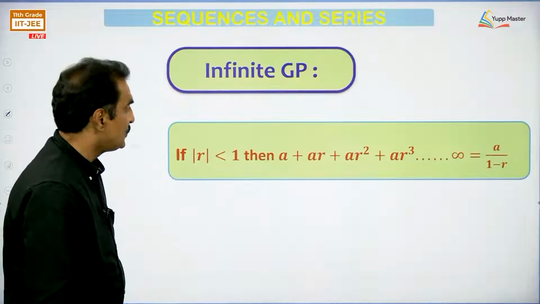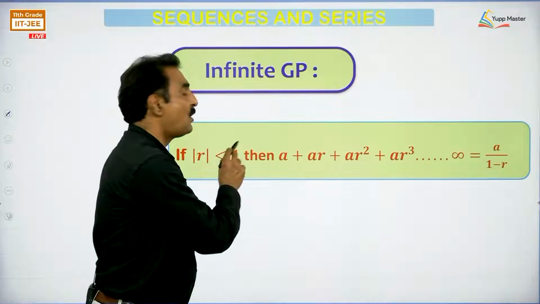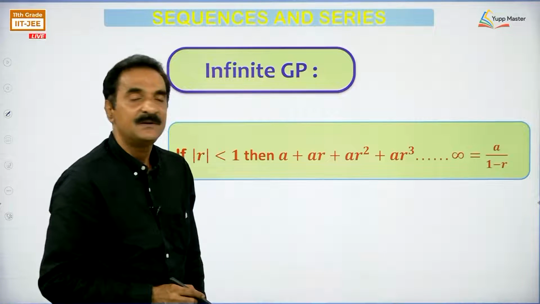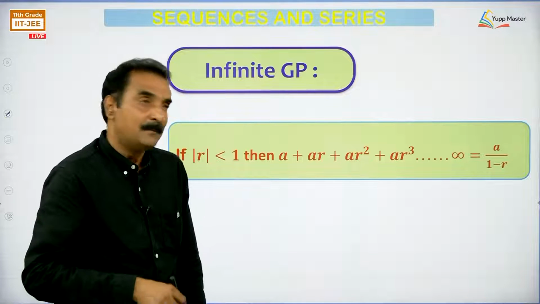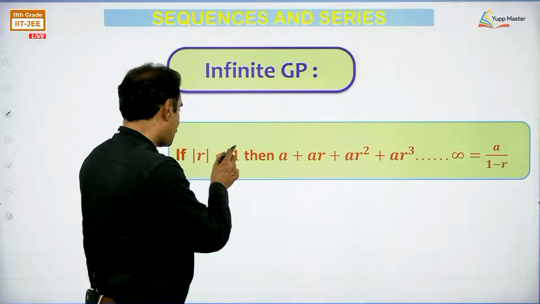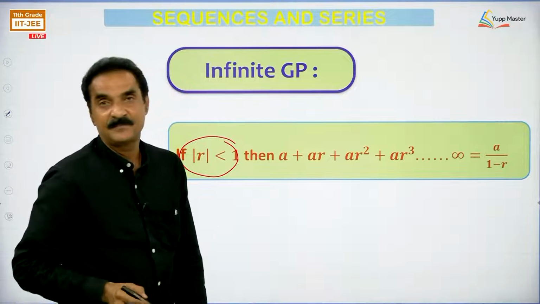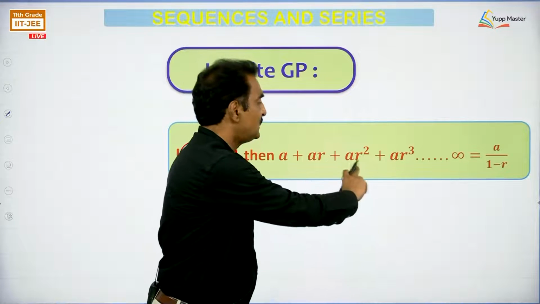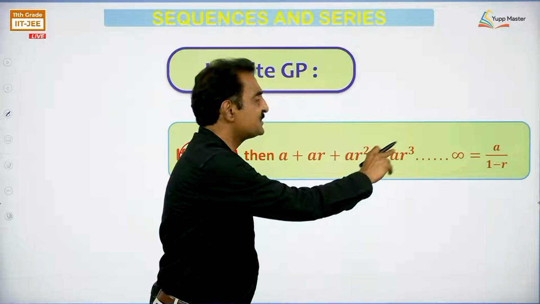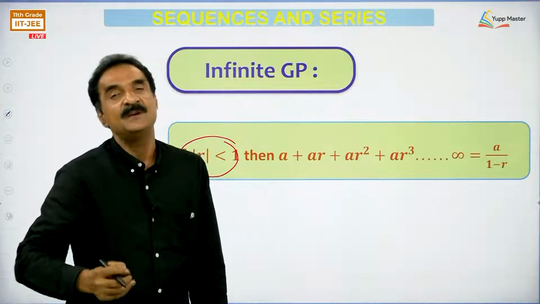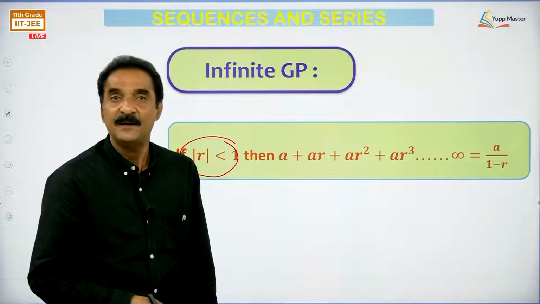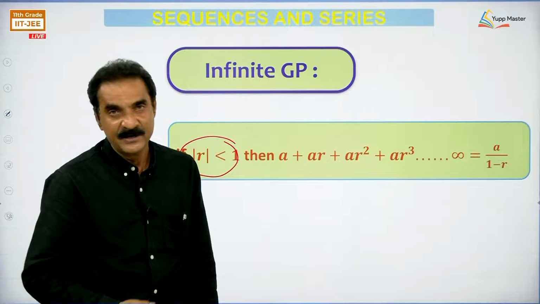So, when mod r is less than 1, the sum of this infinite GP is a by 1 minus r. But sometimes this condition won't be given. But if the question says that a plus ar plus ar square and so on is an infinite GP, then automatically this condition will be implied. Even if it is not given, we have to take that condition.